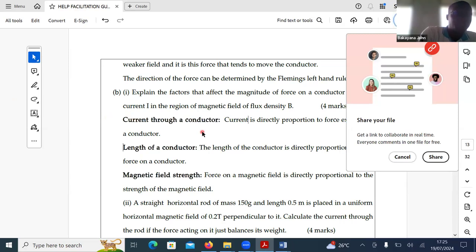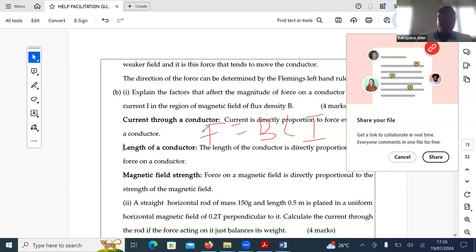It experiences a magnetic force which is given by BIL, where B is the magnetic flux density, L is the length of the conductor, and I is the current flowing through the conductor. Sometimes we also put the sine of the angle between the conductor and the magnetic field.